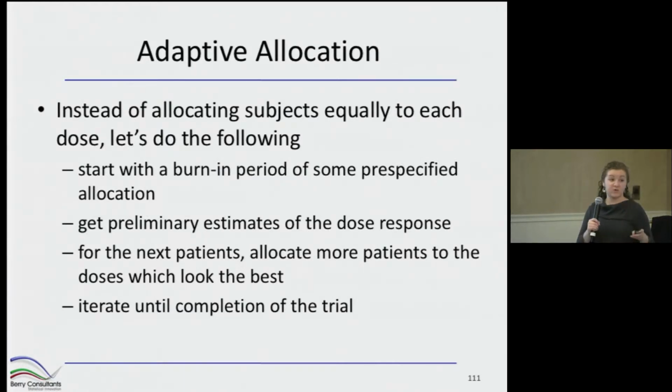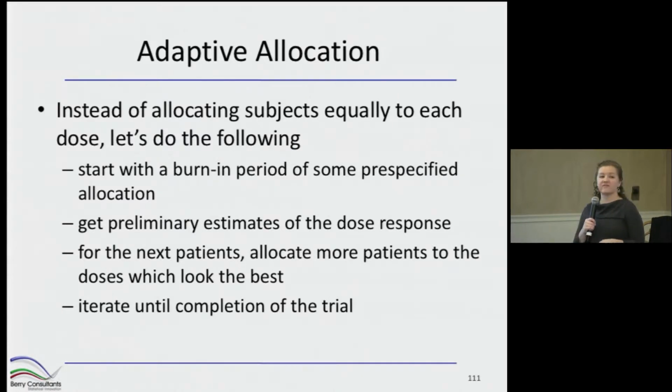This could be 1-to-1, or some other ratio, but we're going to have a small portion of our trial that has this fixed allocation. From that initial set of data, we're going to estimate the dose response curve. Then for the next set of patients, we're going to change the allocation ratio and start to allocate more patients to the doses that have the best efficacy. And we'll continue to iterate this.